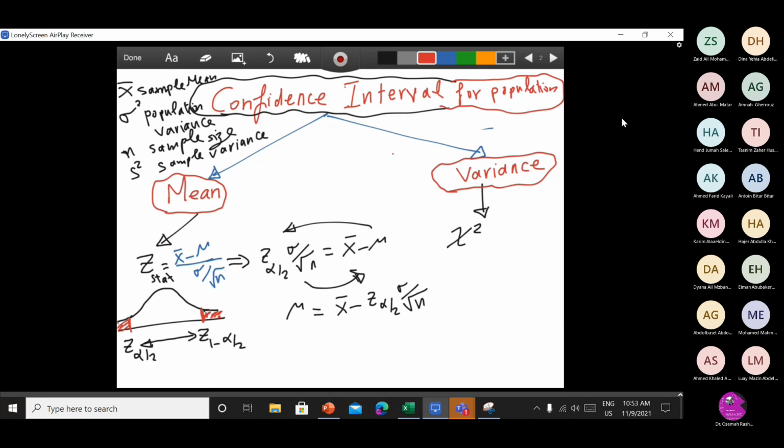Okay, so the left one, and this is the confidence interval in this one.